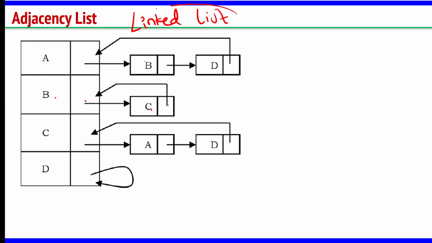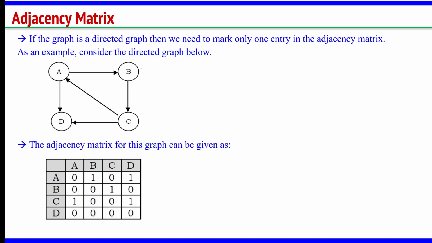We have to use the linked list format. If you see for this graph, it will be A to B to C, again from A to D. Then B to C, and that is it from here.